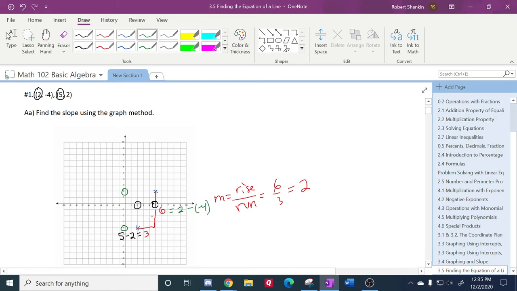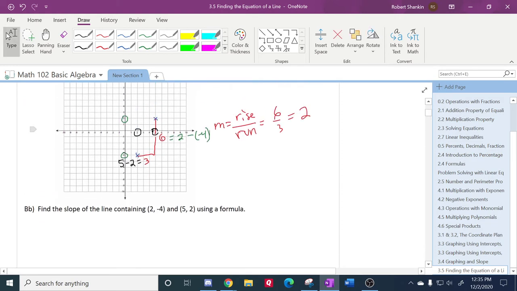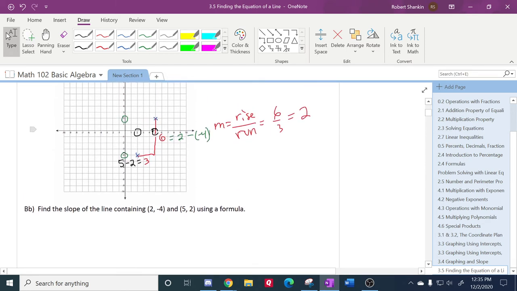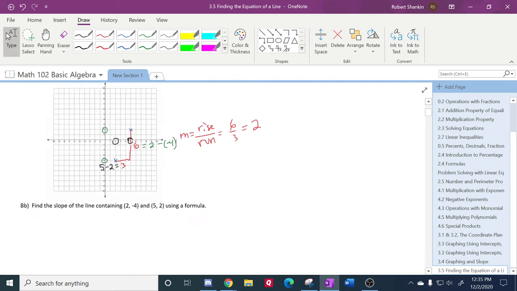And that's how we could have gotten that 6 as well. All right, so that's the slope using the graph method. Find the slope using a formula. So do it again, get that slope.